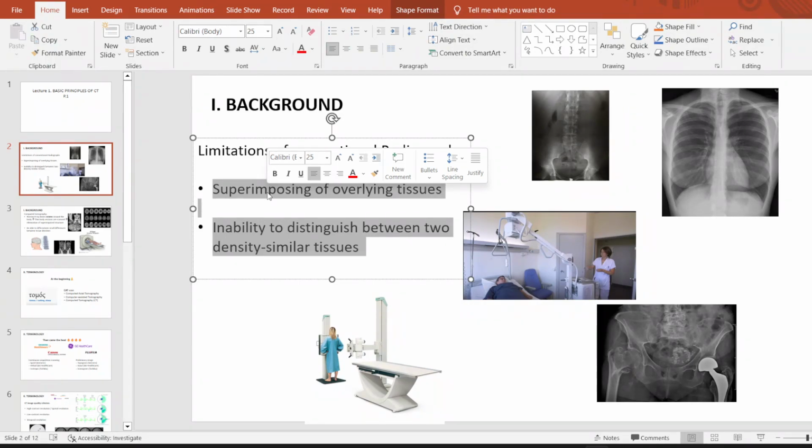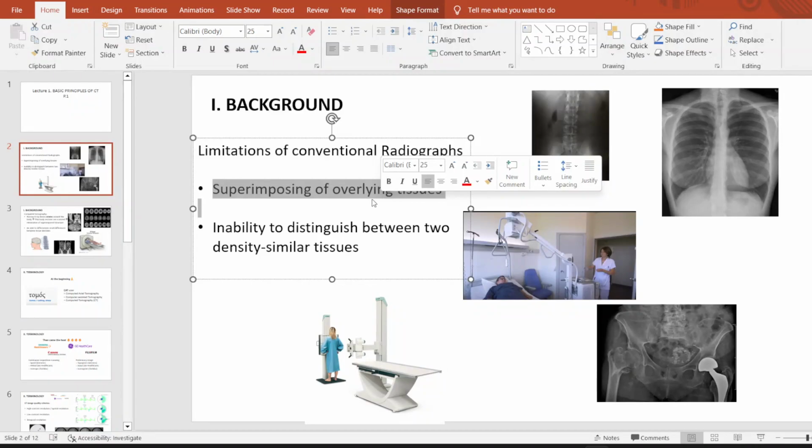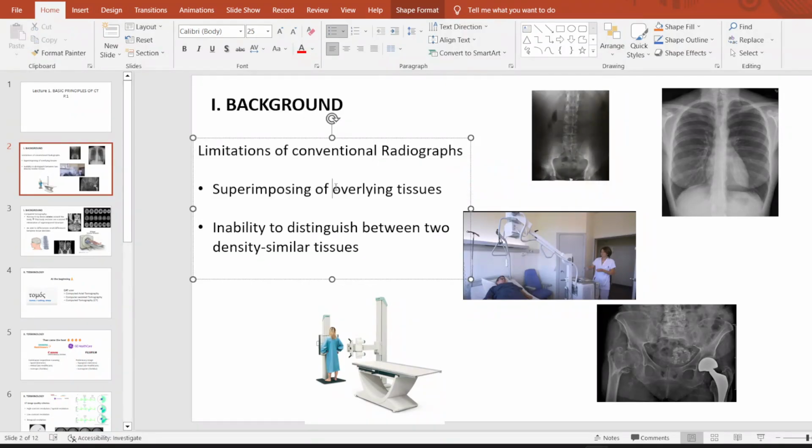The first limitation is the superimposing of overlying tissues, because only one angle was viewed before the creation of the image. And the second limitation is the inability to distinguish two tissues whose density is quite the same. Sometimes you can see the term two density-similar tissues.